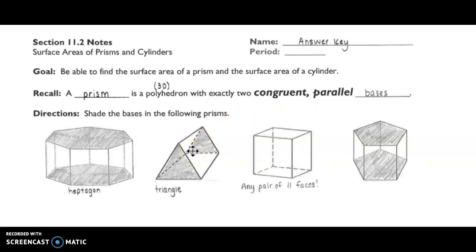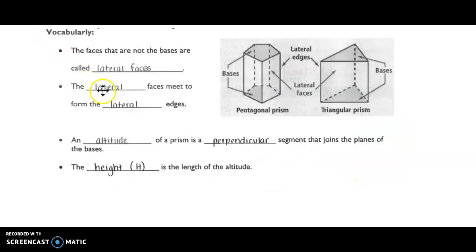Even though it looks like it's laying on its side, quote unquote, if you were to tip it back up, the triangles would be the bases because those are the congruent sides. And then for this box here, this third object, any pair of parallel faces would be the base. And then here you have the pentagon.